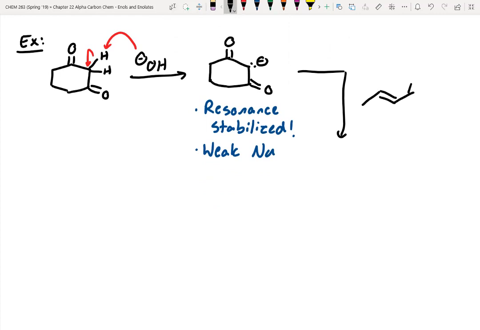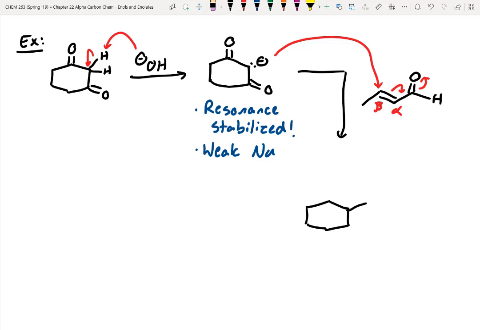We'll use that reagent that we just made, where we said that alpha is over here, beta is over here. We know that that beta position has strong partial positive character. So this will attack in, kick up electrons all the way to that oxygen. Oops, no double bonds in there.